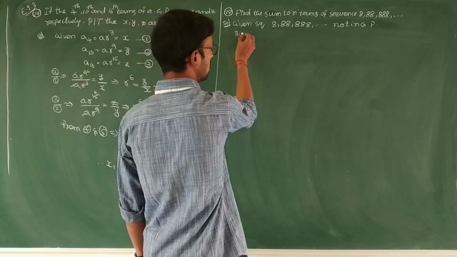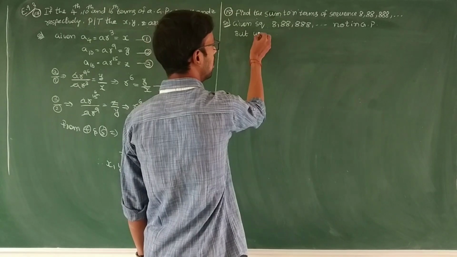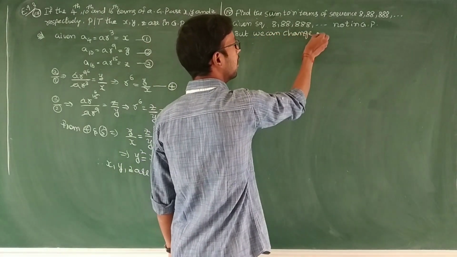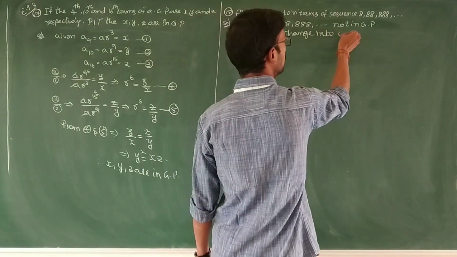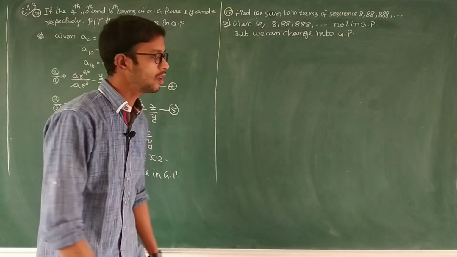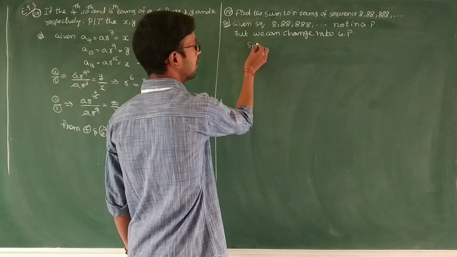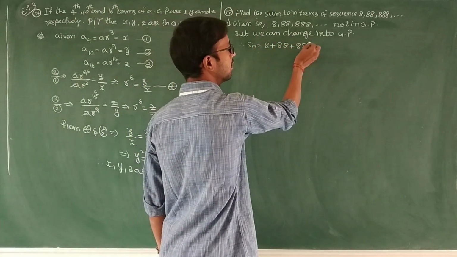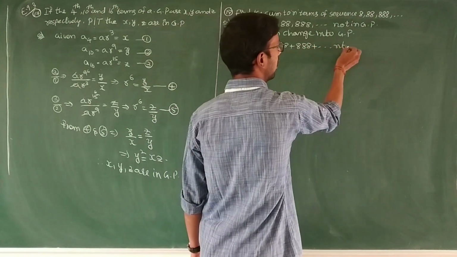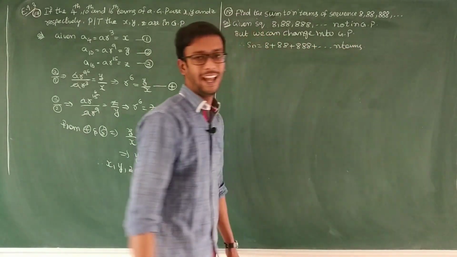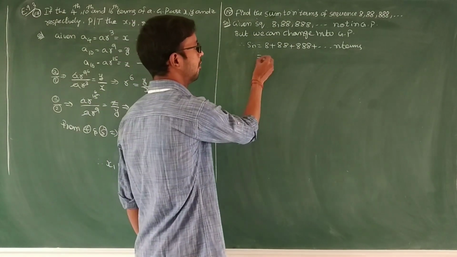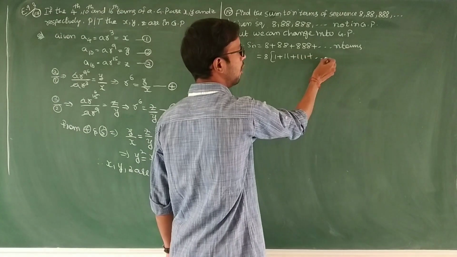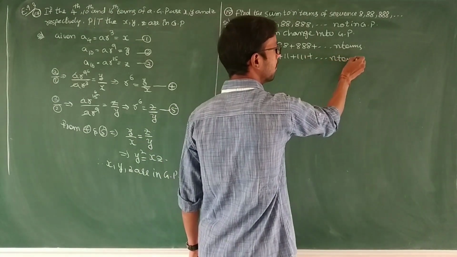But we can change it into geometric progression. So Sn is equal to 8 plus 88 plus 888 plus so on, n terms. Take the first 8 common: 1 plus 11 plus 111 plus so on, n terms.